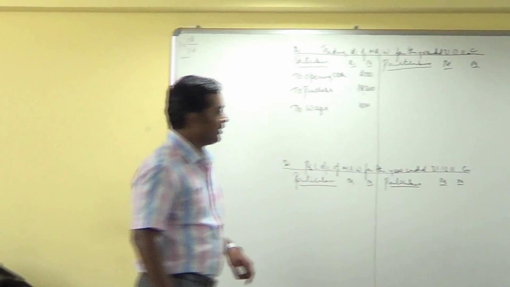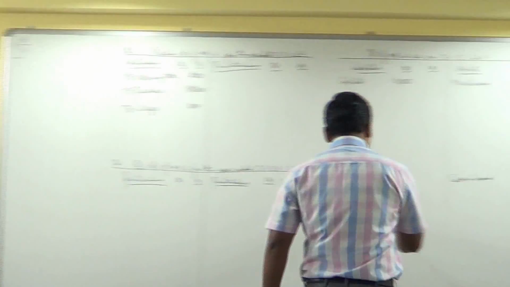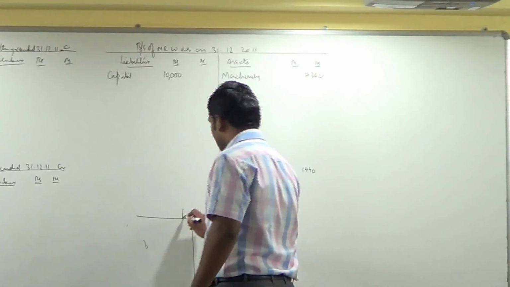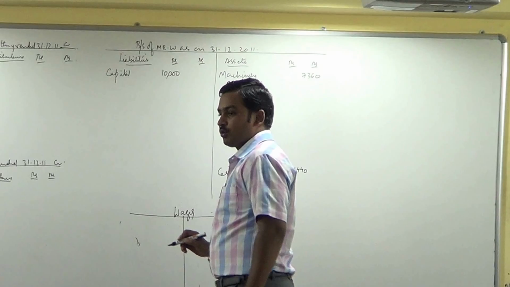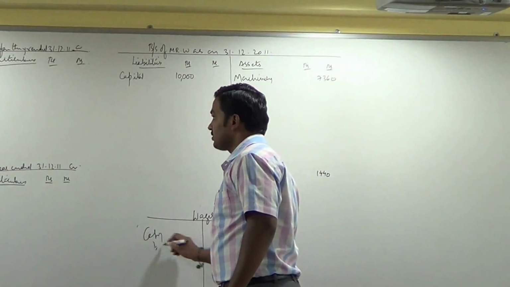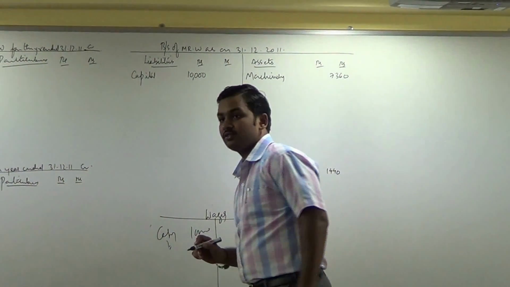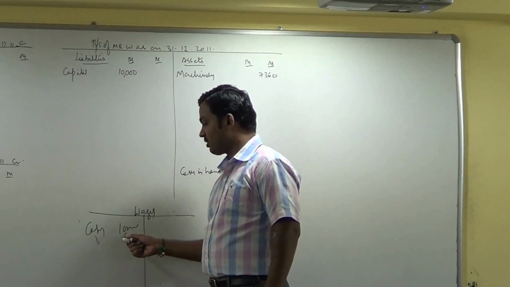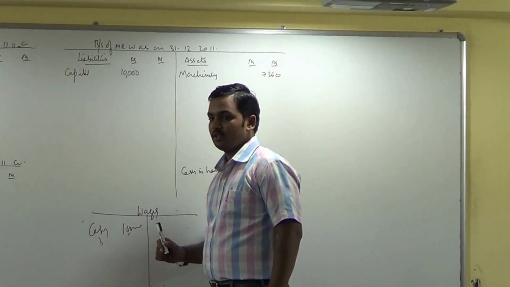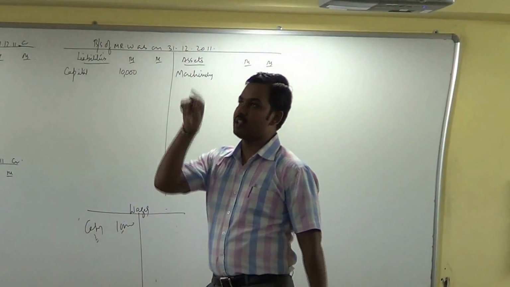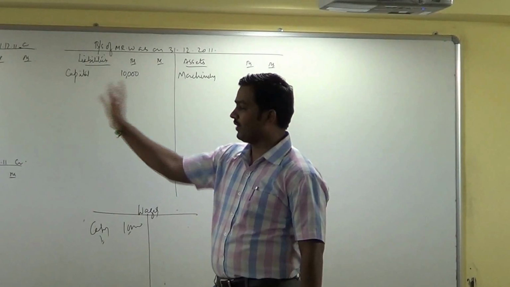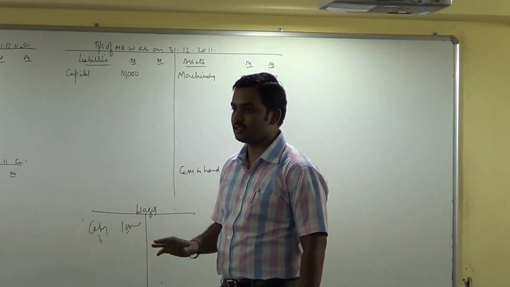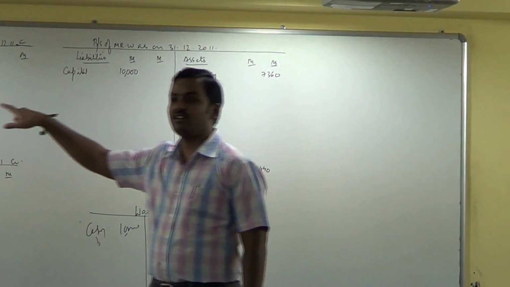Now again here, before you pass this entry, the wages account in your books was showing cash. You would have paid wages in cash, no? Yes, sir. The wages account was showing a debit balance of 10,000. Now what have you done? I told you wages have to be debited to the trading account, so we wrote 'to wages' there without asking any questions. But unknowingly, you have passed an entry.